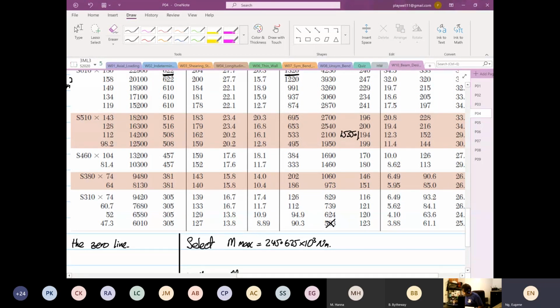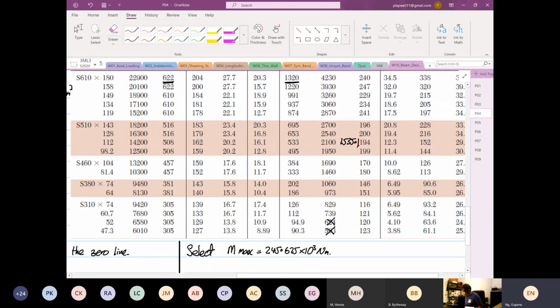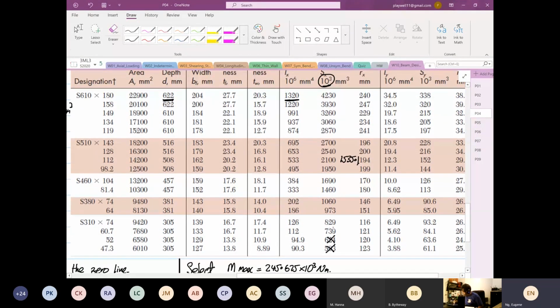So this value is out. You cannot use this value. You cannot use that value. This one is no. This one is no. This one is no. Oh, there's a possibility. So you can use this, right? You can also use this, and you can use anything above now.